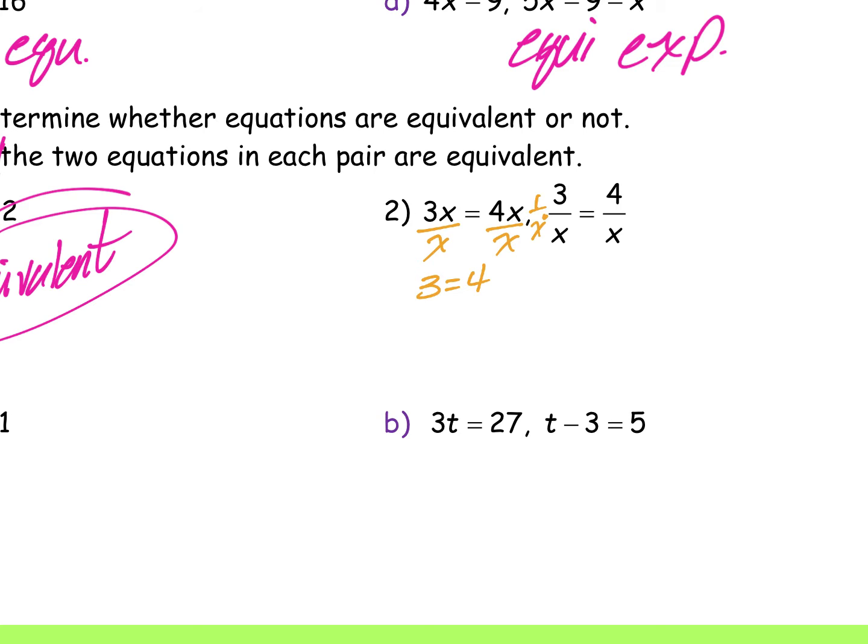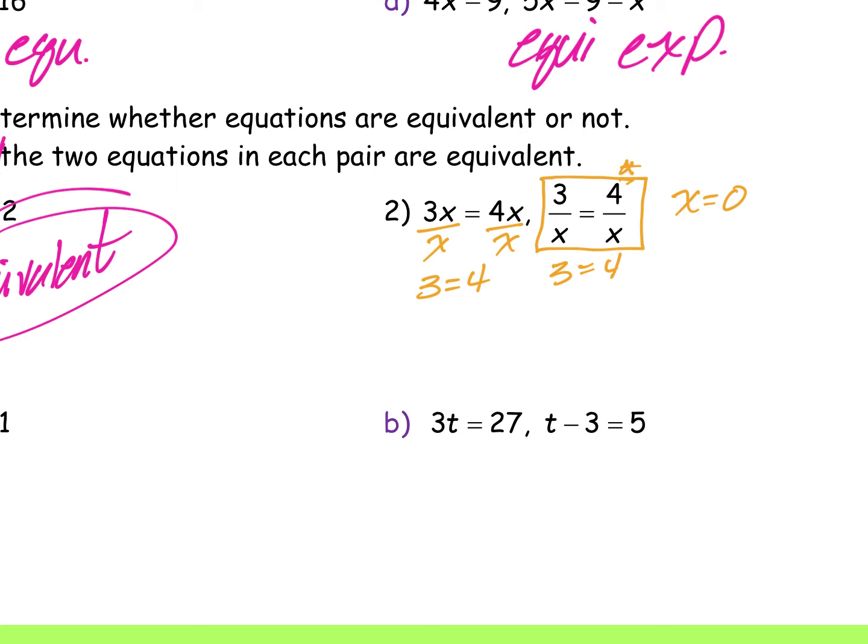The problem is, if I multiply by x, I can get rid of the x's on this side, and I can get 3 equals 4. The issue is, it should be for every x. What happens if x equals 0? It's undefined. So can this equation be this where x equals 0?